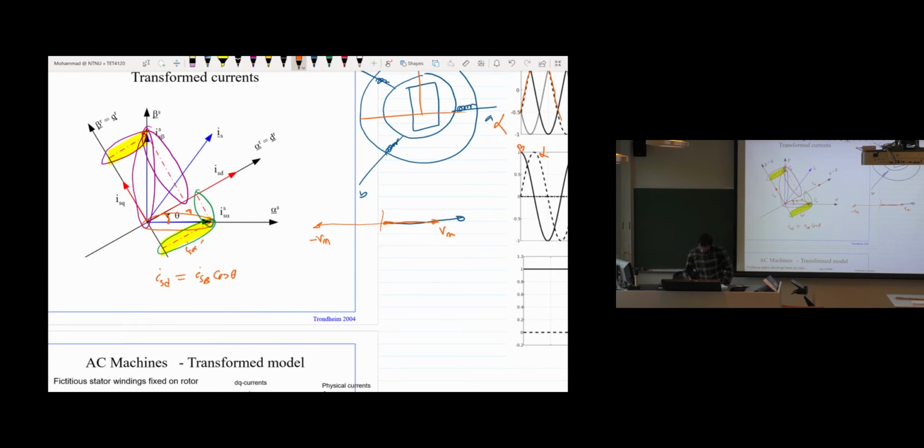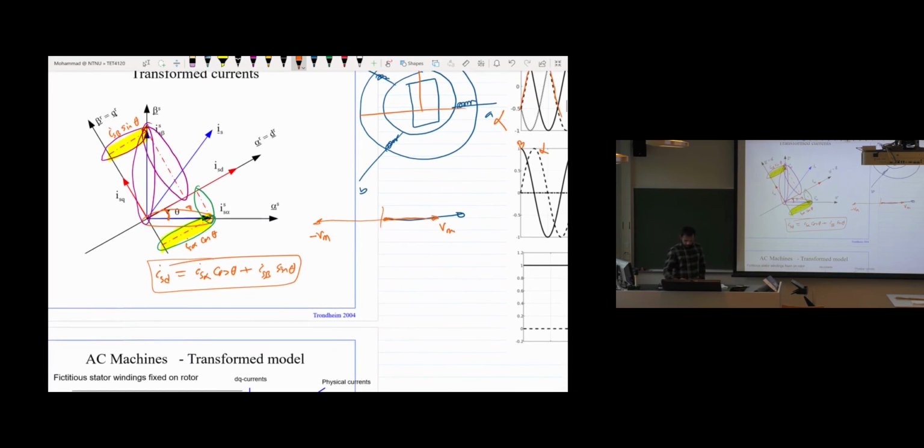Sorry, this one is cos of theta. So we have Is alpha cos of theta, and then we have Is beta sine of theta. So that's how we can convert this Isd.